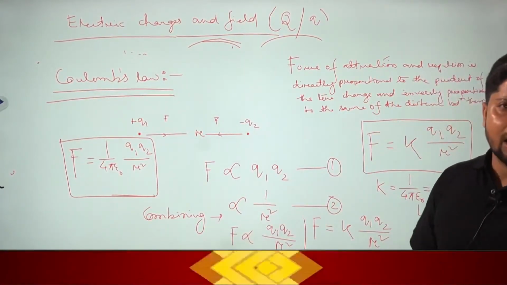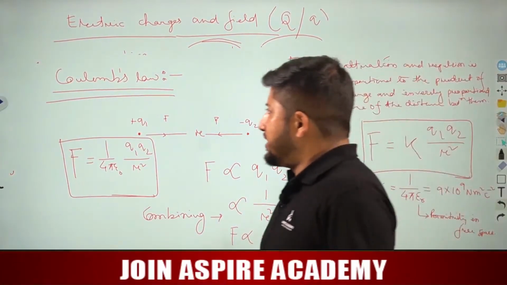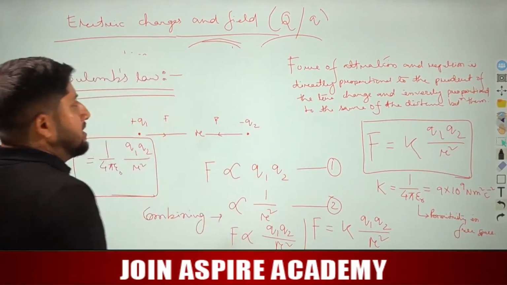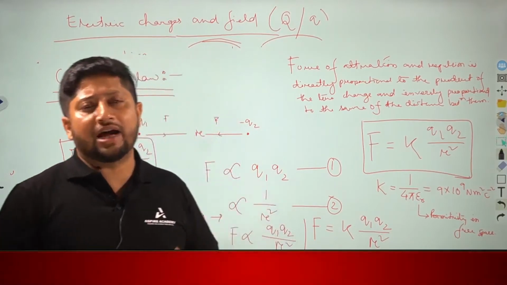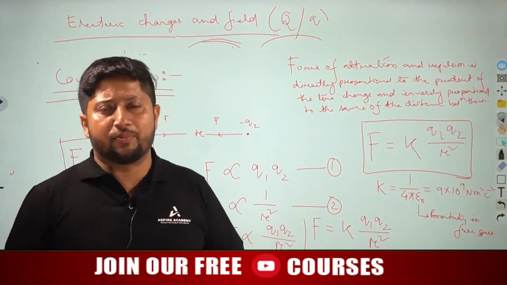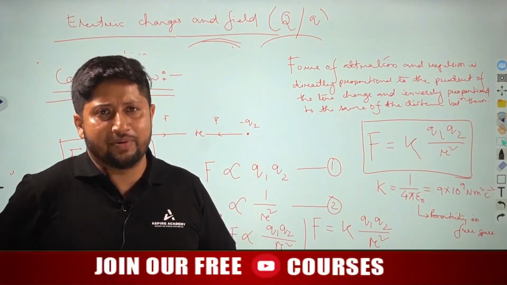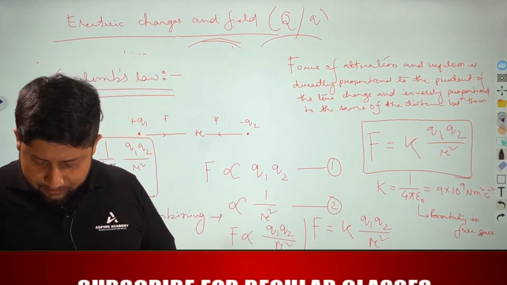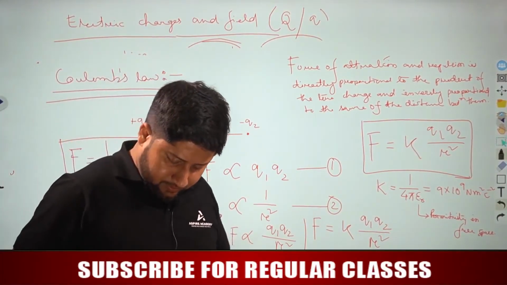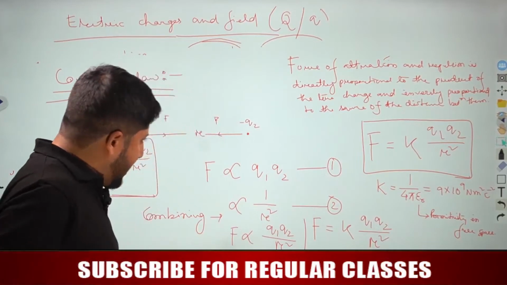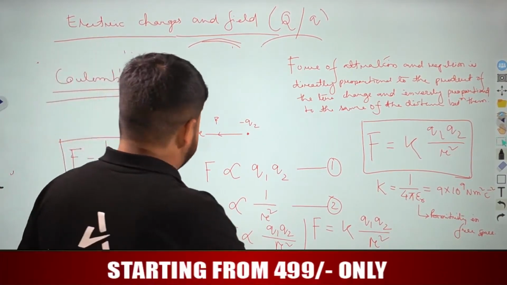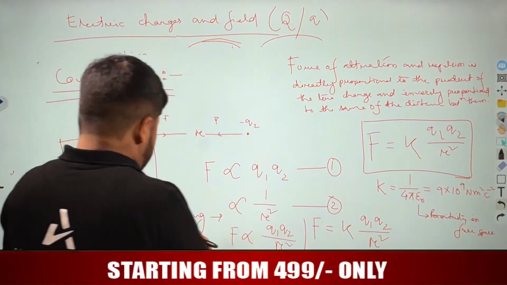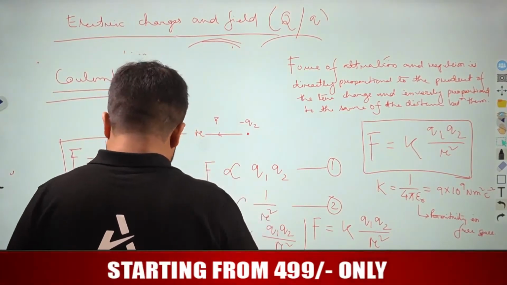This Coulomb's law states that the force of attraction and repulsion is directly proportional to the product of the two charges and inversely proportional to the square of the distance between them. So next.